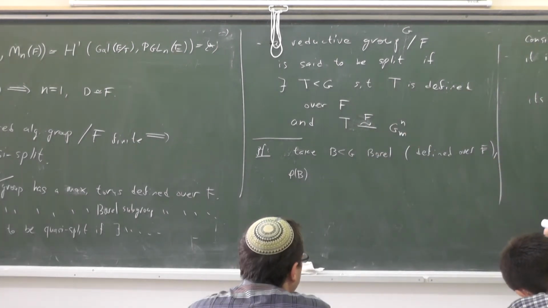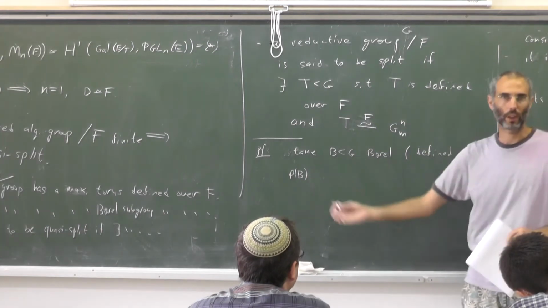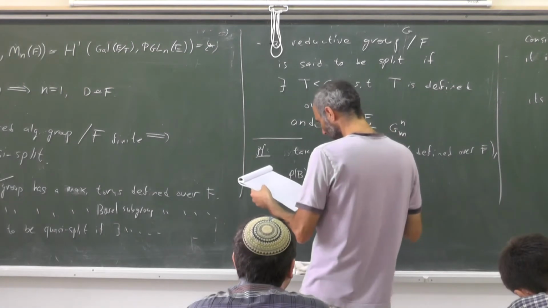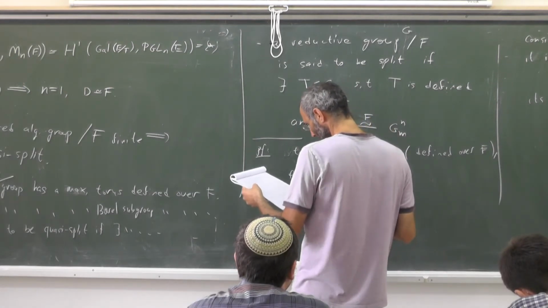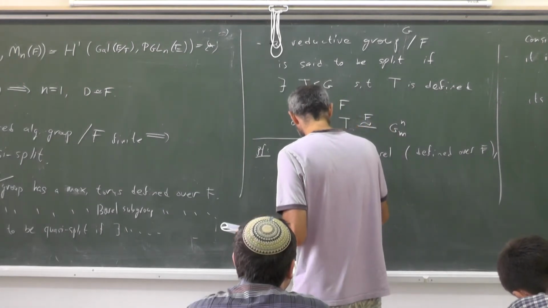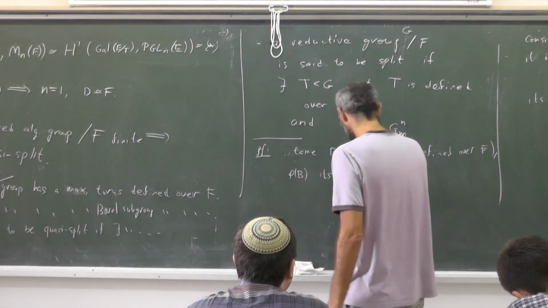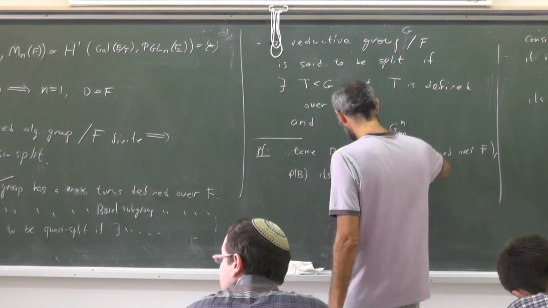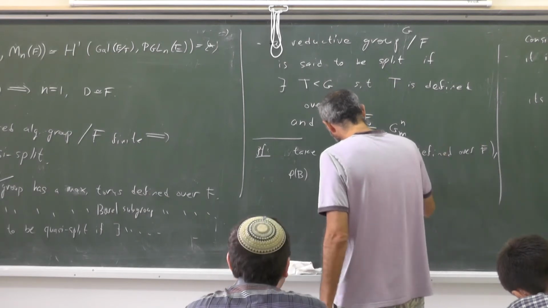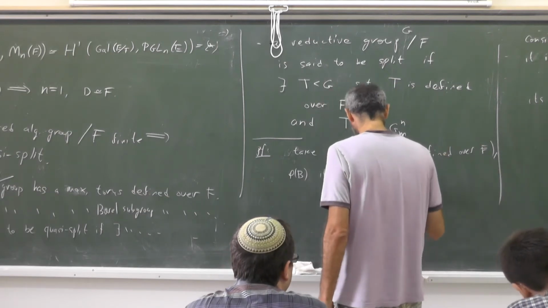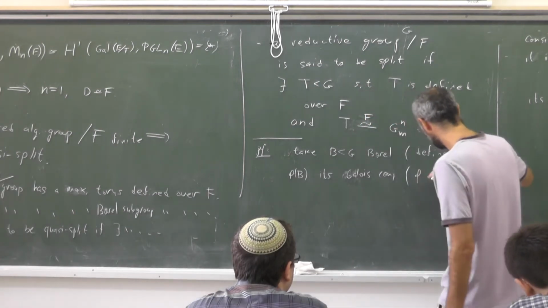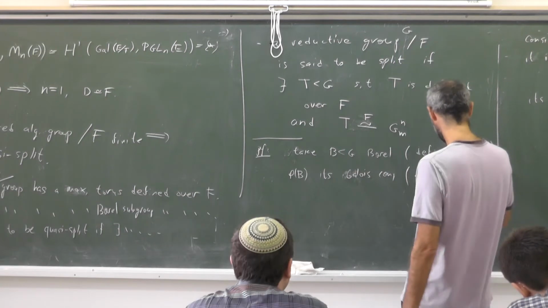F is the fixed points of some automorphism, and I'm using the same notation as before. Phi is this automorphism.